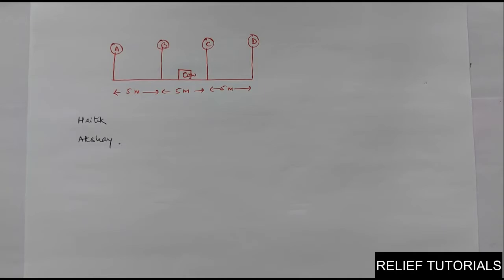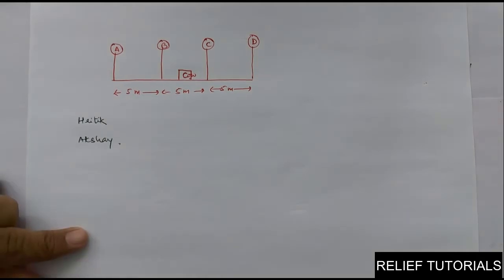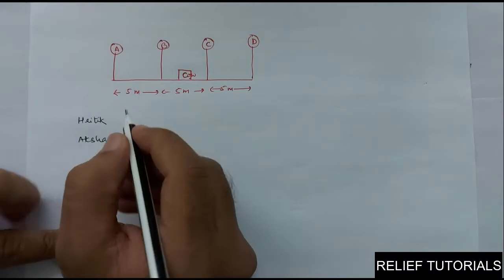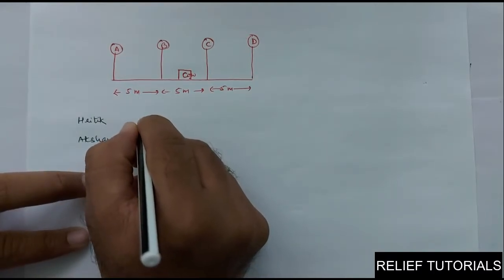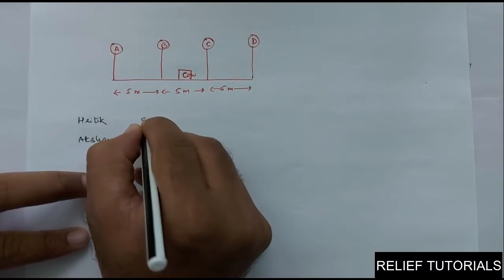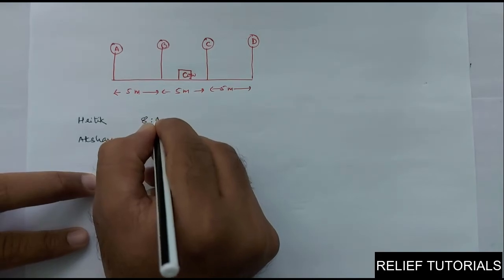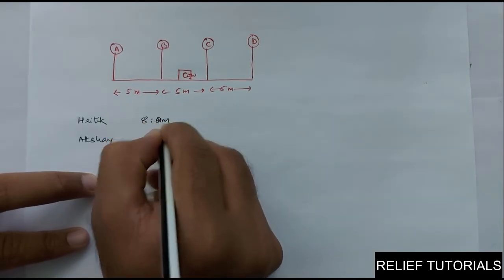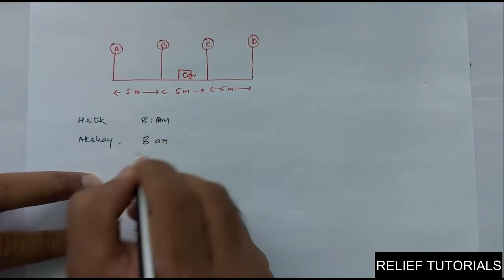Both have to take two observations of the cow. Ritik and Akshay both go to the field at 8 a.m. So the first observation both are taking at 8 a.m.